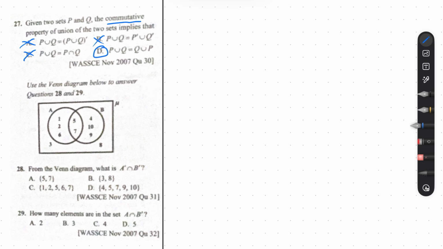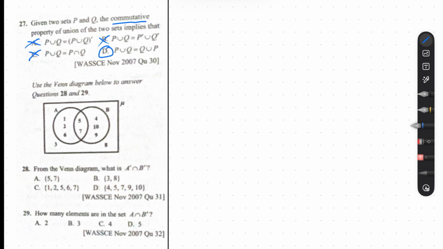let's write it down first. First A complement. A complement would mean everything outside A. So that is 3, 8, 4, then 9. So let's write that down.